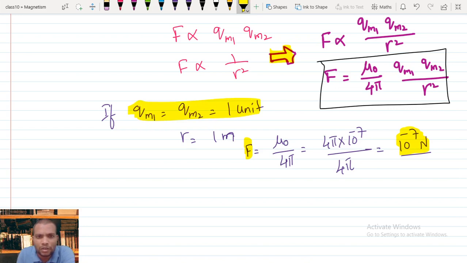If a unit magnetic pole is at a distance of 1 meter, placed in a vacuum, then the force applied on an identical magnetic pole, because I need to take another unit magnetic pole, if the force is equal to 10 power minus 7 newton, then we can say that it is a unit magnetic pole.